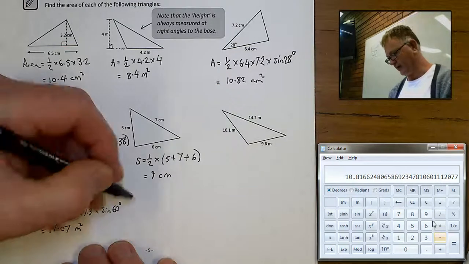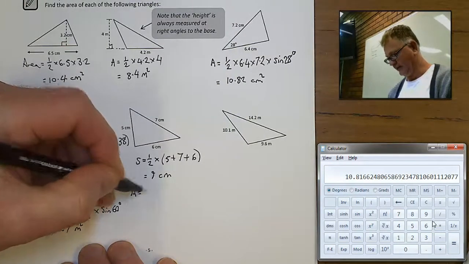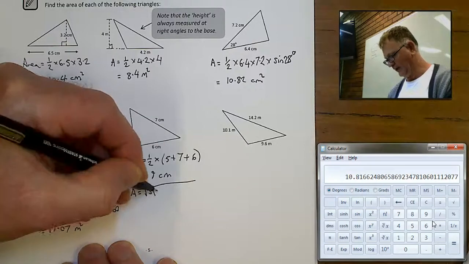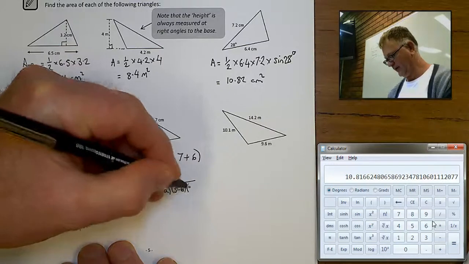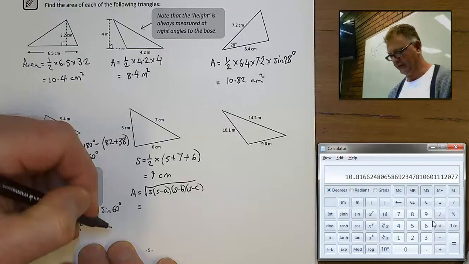Now when you're using Heron's Formula, the formula goes like this. Area equals the square root of S times (S minus a), (S minus b), (S minus c). a, b and c are the sides of the triangle.